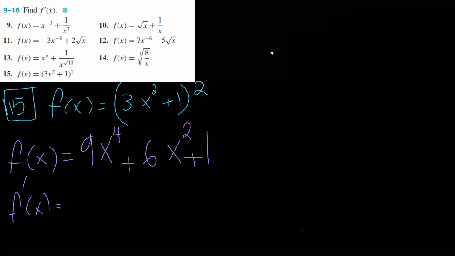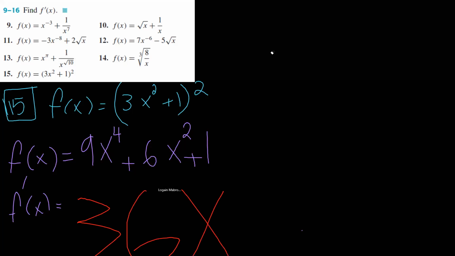First of all, we multiply the 9 by the 4 because we have to multiply the exponent by the coefficient. So it will be 36x to the power 3. And then we have to multiply 6 by 2.